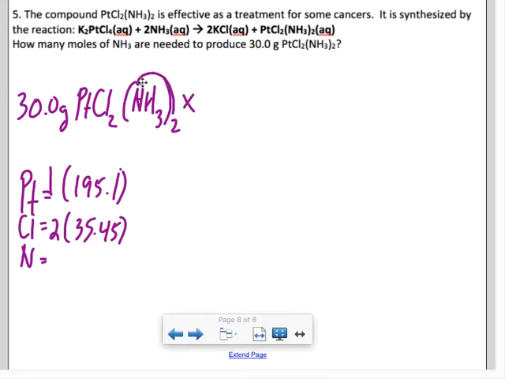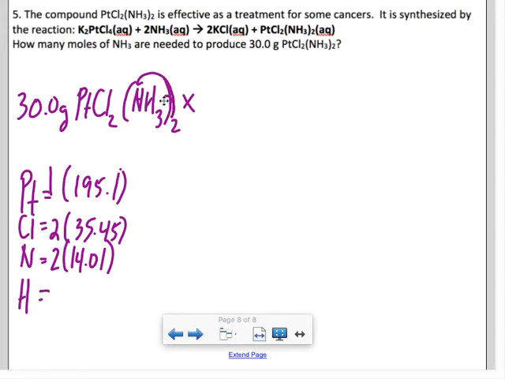Gotta distribute, right, Parker? Not factor, or FOIL. Distribute. So I actually have 2 nitrogens at 14.01. And then my final one is hydrogen.